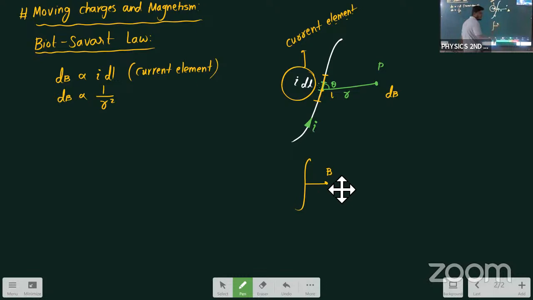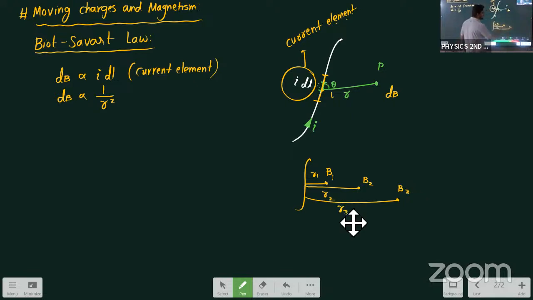Due to the same wire, some magnetic field B2 is created at this particular position. This is the distance r1, this is distance r2. Again, due to the same wire and same current, at this position the magnetic field B3 is created and this distance is r3.